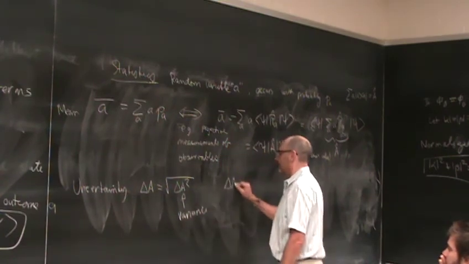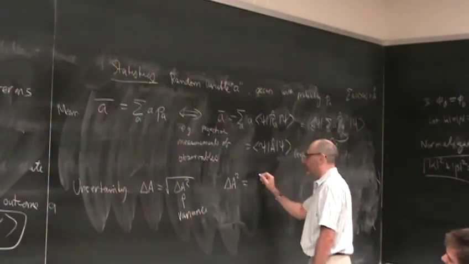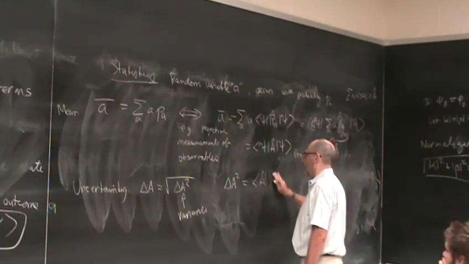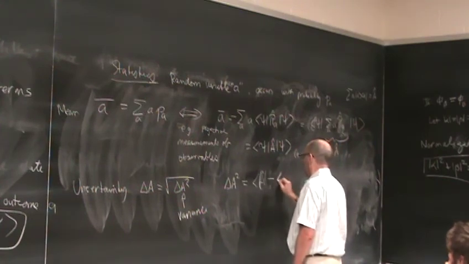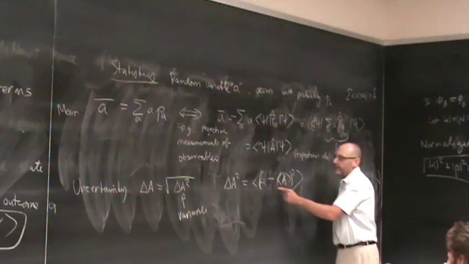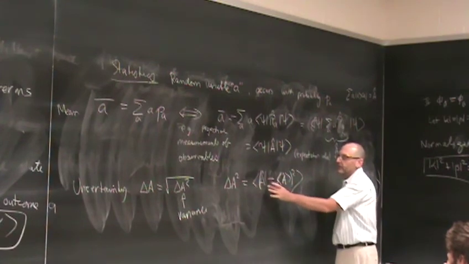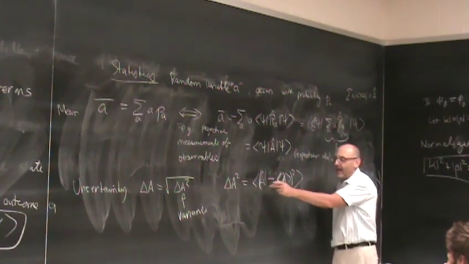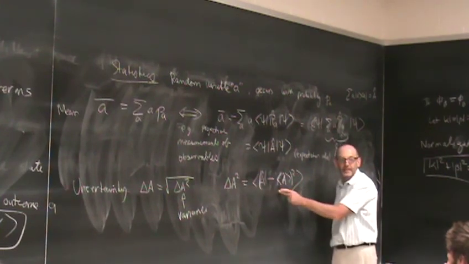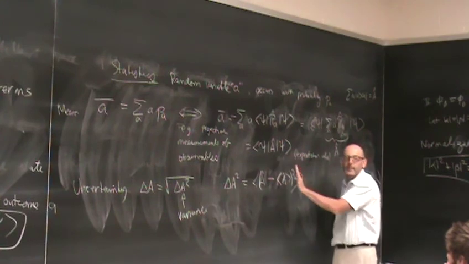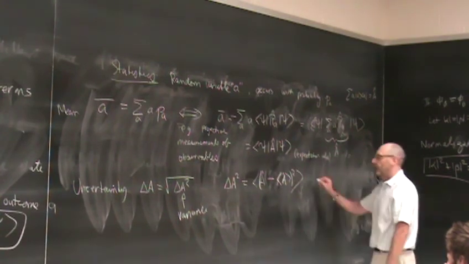The variance is given by the difference between the expected value, or you can look at it this way, by definition, it's this. So I look at the average value of these, what are these called? The residuals. How different is the value from its mean, squared? That's the variance. This value is with respect to a state. I'm not going to write out the state. So I can write this out.